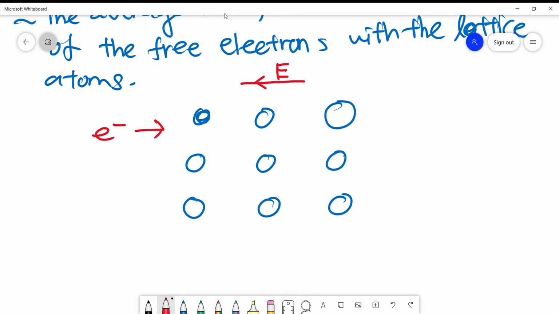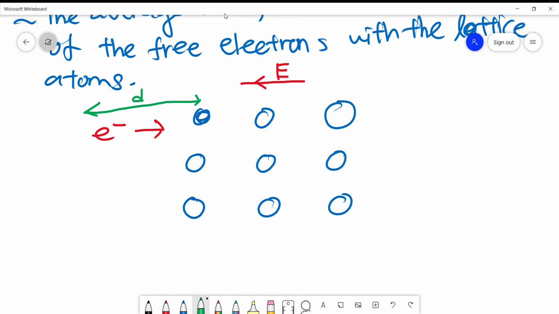Between this interval, let me draw it clearly, between this distance, I denote this distance as d.